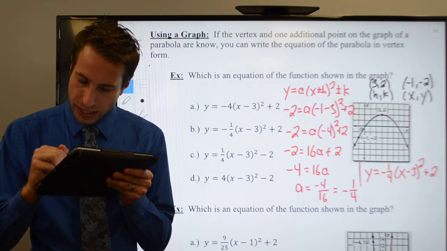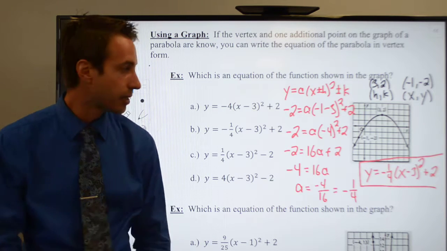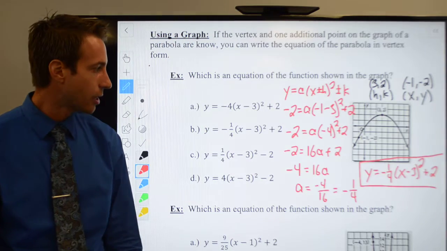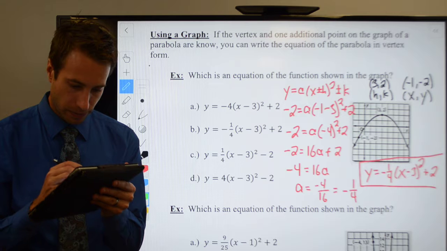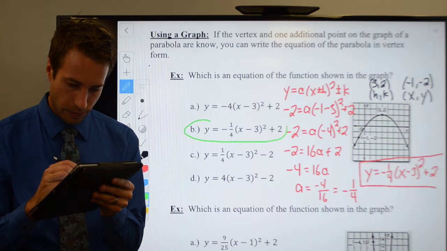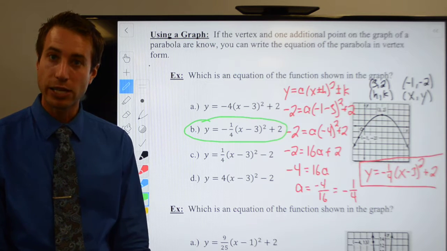And all I have to do is find the answer choice that matches that, which of course is going to be this one. And I have my equation.